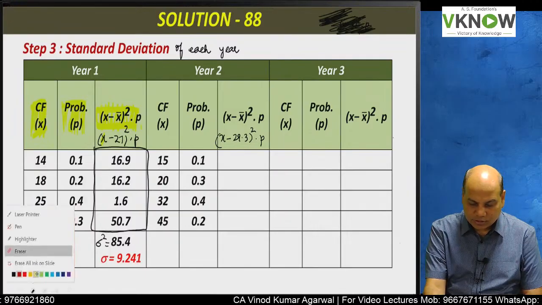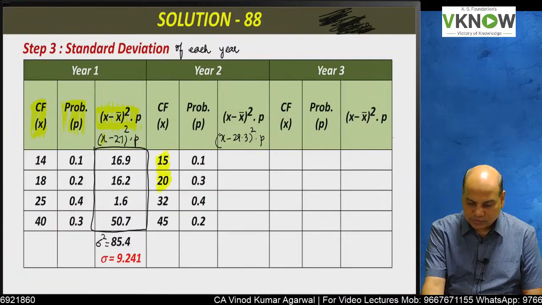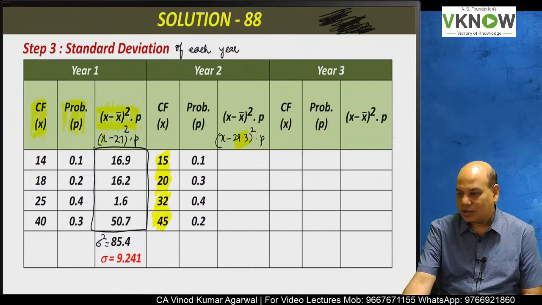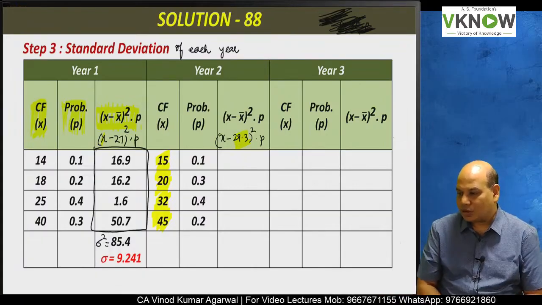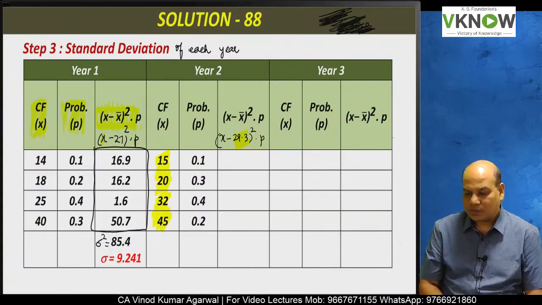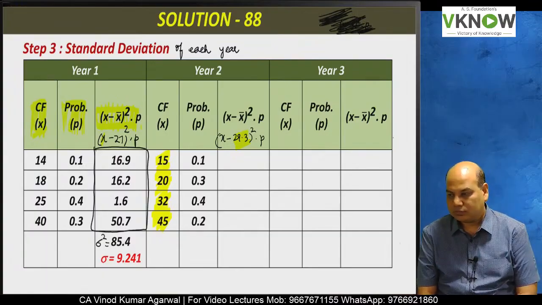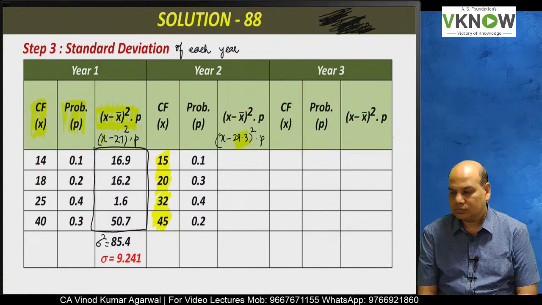This is 29.3 square into probability. Total of the year 2, please reply.